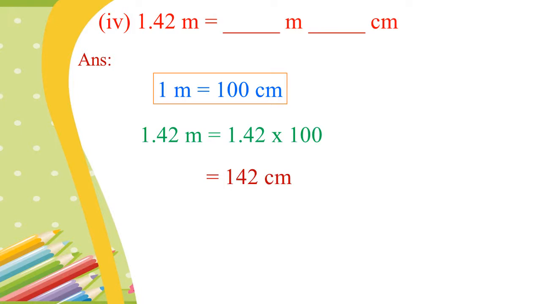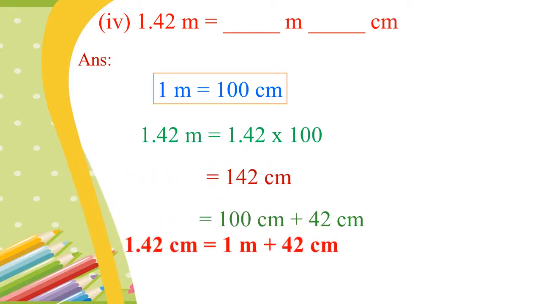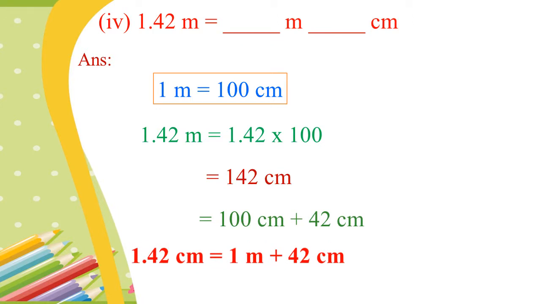So we get 142 centimeter. So 142 centimeter can be written as 100 centimeter plus 42 centimeter. So here 100 centimeter can be written as 1 meter. So therefore 1 meter plus 42 centimeter equal to 1 meter 42 centimeter.